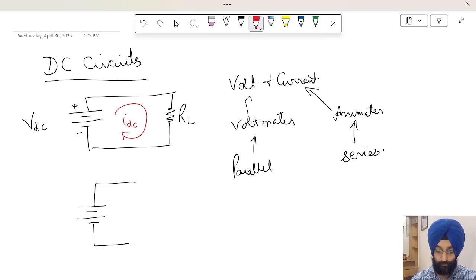If we need to measure voltage across this battery source, we will connect a voltmeter in parallel to this VDC. And if we need to measure current flowing in this circuit, we will be connecting an ammeter in series.